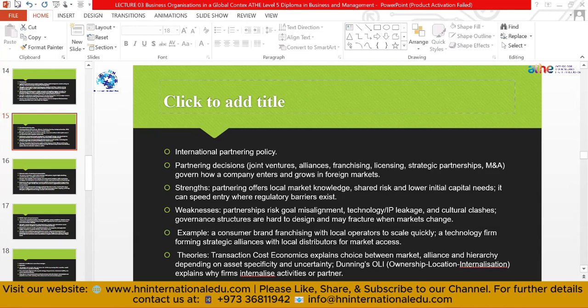However, partnership risks: goal misalignment, that is, what was the actual goal of the organization that matters. Is it to extract profit, or recruitment, or to work on talent management? Then technology, IP leakage, and cultural clashes. Governance structures are hard to design and may fracture when the market changes.